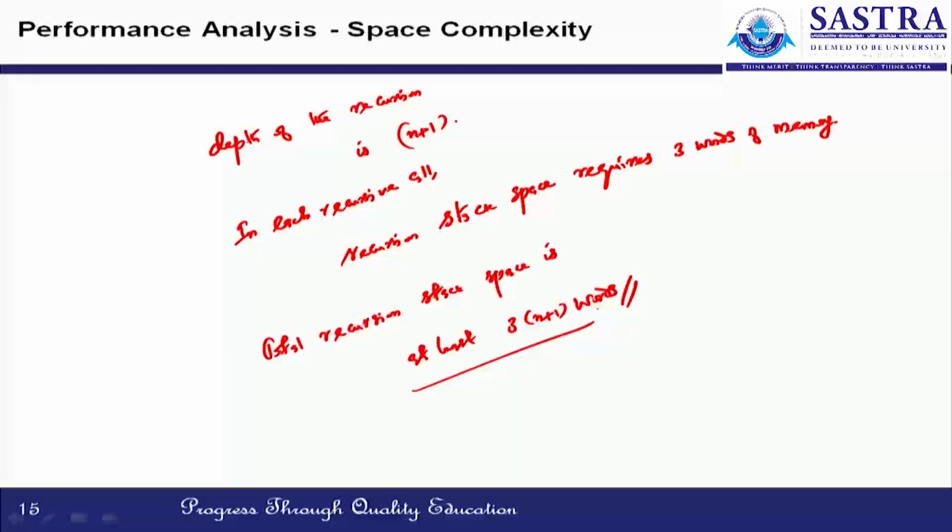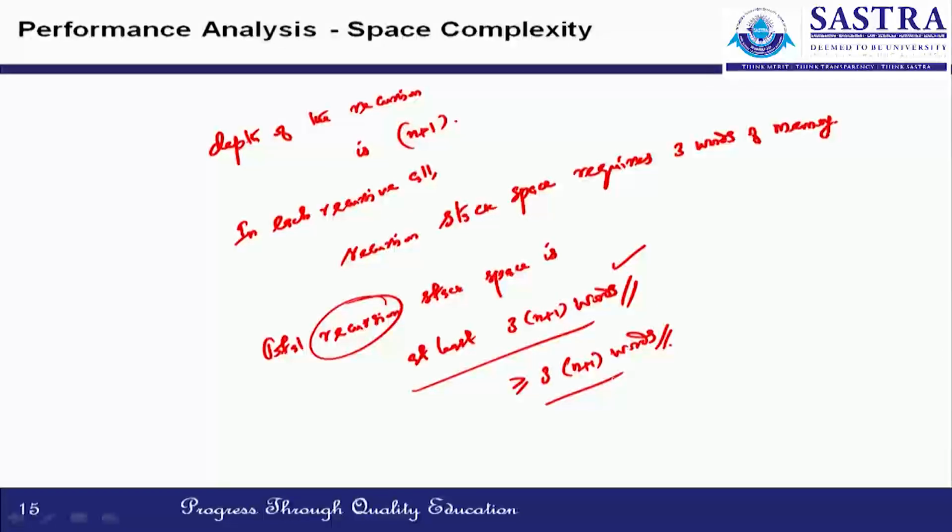Understand? The total recursion stack space required to find the sum of n elements which are stored in an array using the recursive procedure is at least 3 into n plus 1 words, that is greater than or equal to 3 into n plus 1 words.